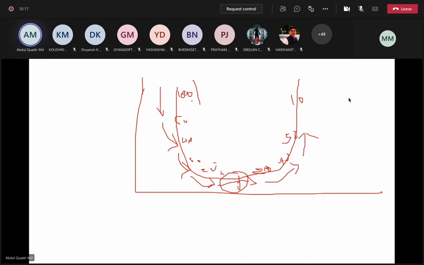I started with a large step, then I took small baby steps, small baby steps, and so on. Then I will try to converge at a point where my errors are least. Otherwise I will be fluctuating between this and this, but I started with one large step and then reduced with small baby steps.